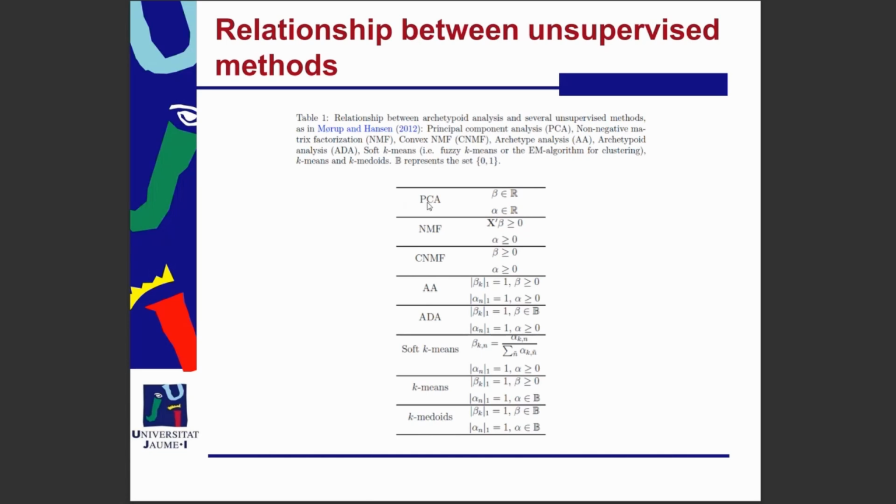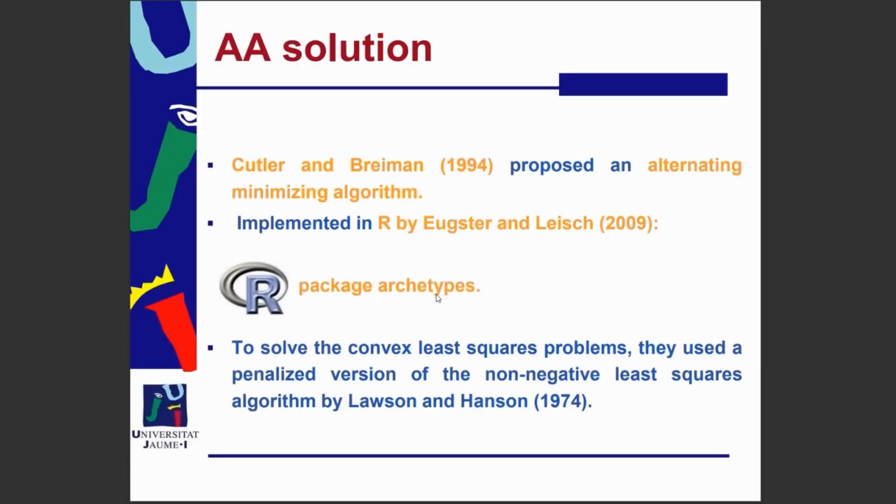For example, principal component analysis has no constraints on the values of beta and alpha, so it is more flexible, but the principal components are not so easily interpretable. On the other hand, the representative points of k-means are very easy to understand, but it's not as flexible as archetypal analysis can be.